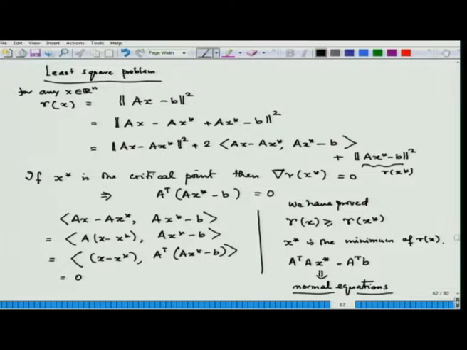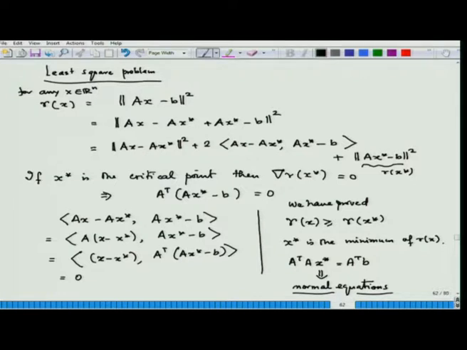Okay. And if you remember what we had shown, any x star which satisfies this one will satisfy Ax equal to b, that is what we had proved on the board.